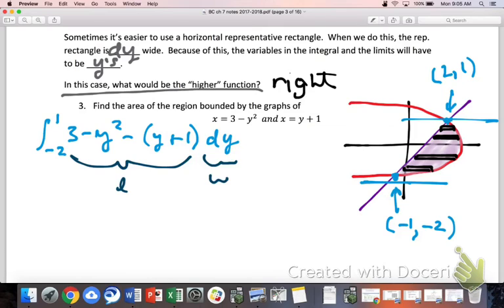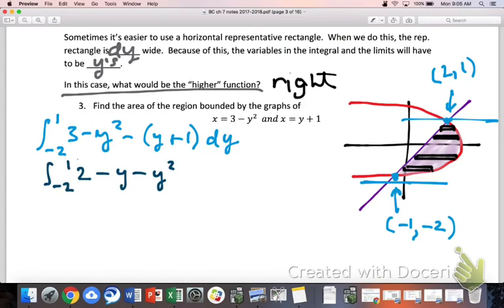Okay. So then as far as working out the details here, this would be the integral from -2 to 1, and it would be 2 minus y squared, I think, if we simplify that. And then we just follow our steps to evaluate it.